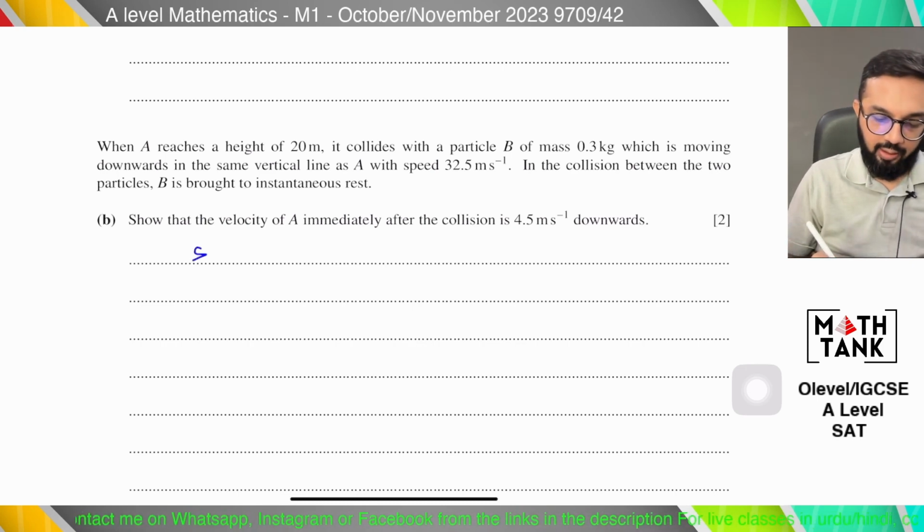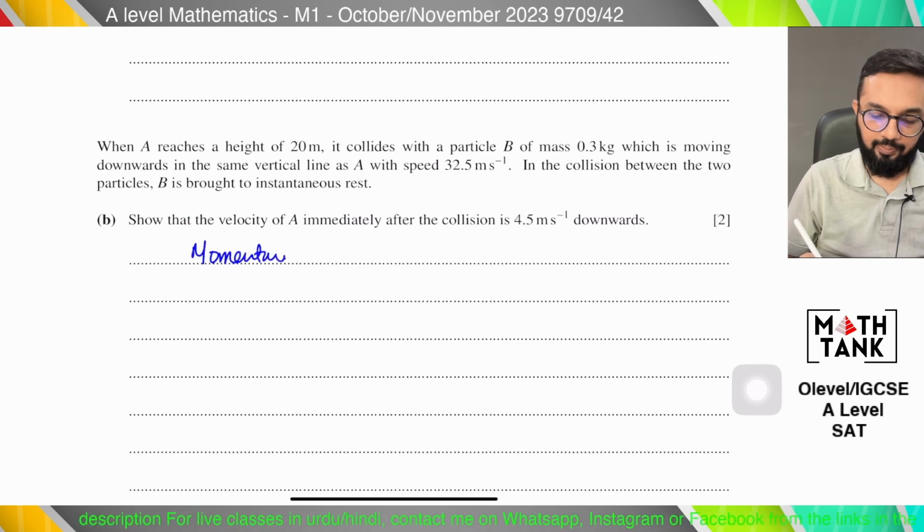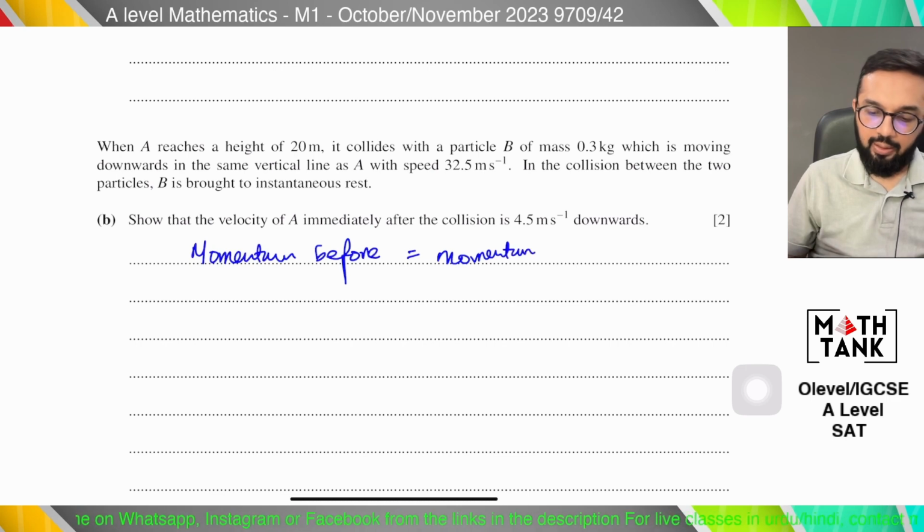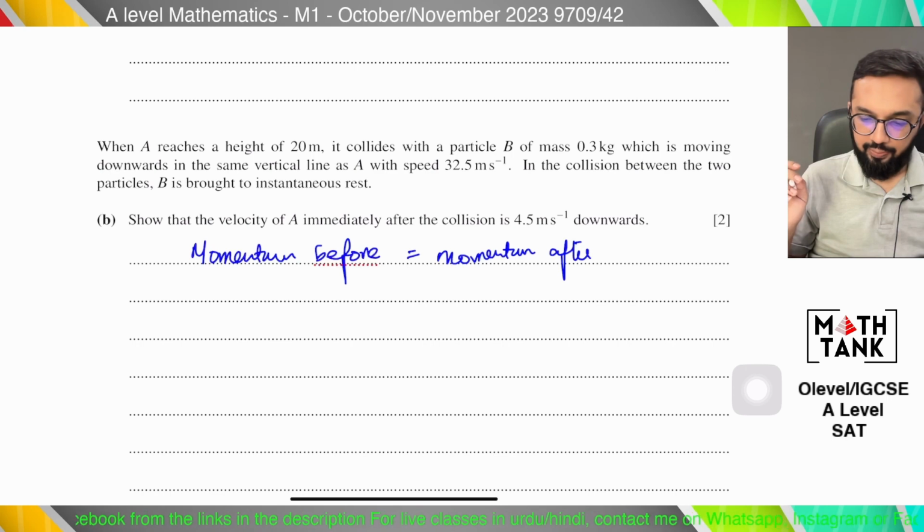So s is 20. So this is a question about momentum. Momentum before equals momentum after. That's conservation of momentum. B is moving downwards with a speed of 32.5. In the collision between the two particles, B is brought to instantaneous rest.